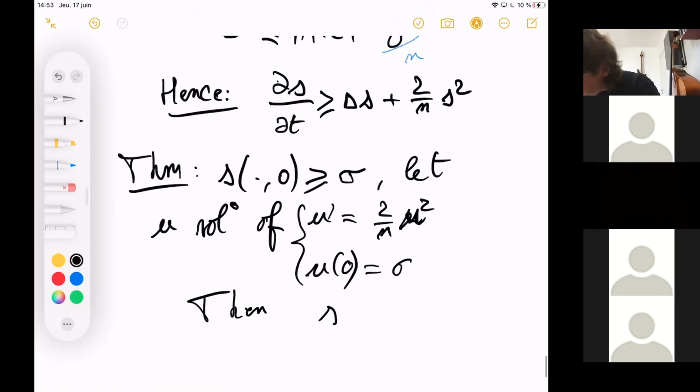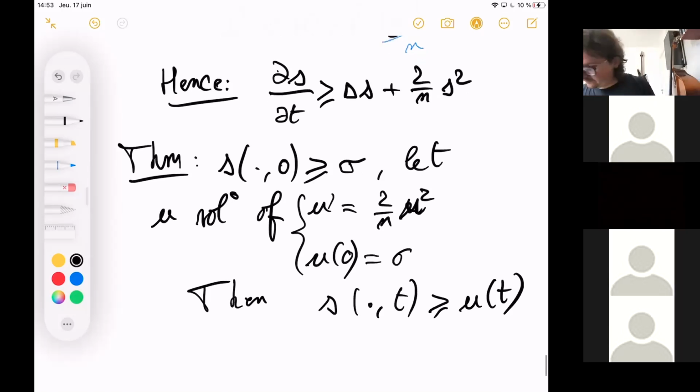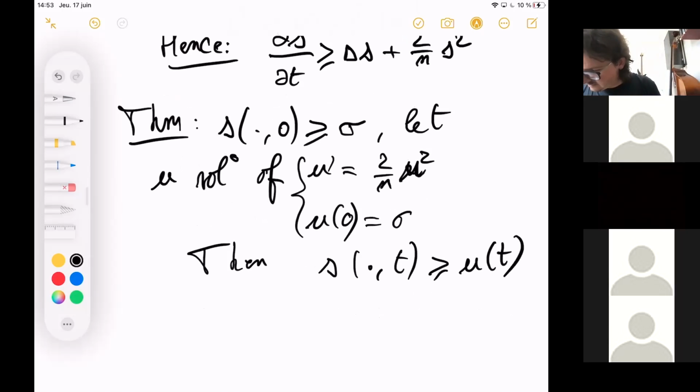Then, as long as it makes sense, you have a uniform in space lower bound for S. And actually, you can solve the ODE just like a college freshman.